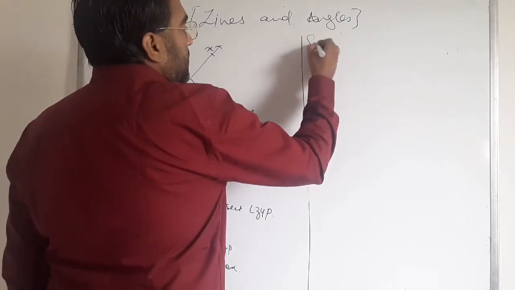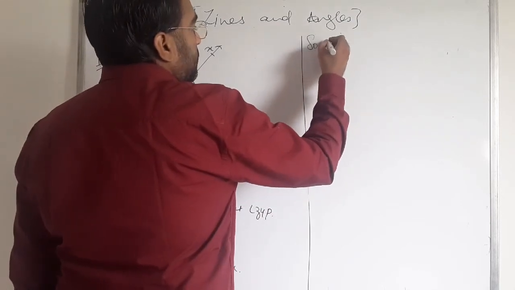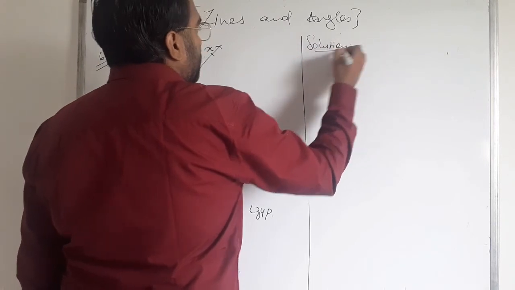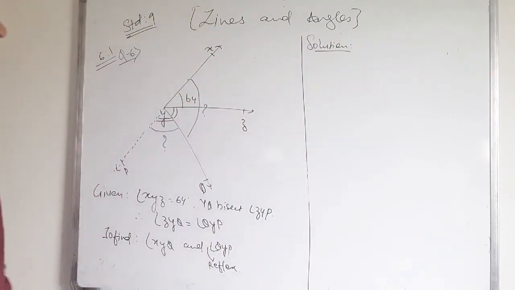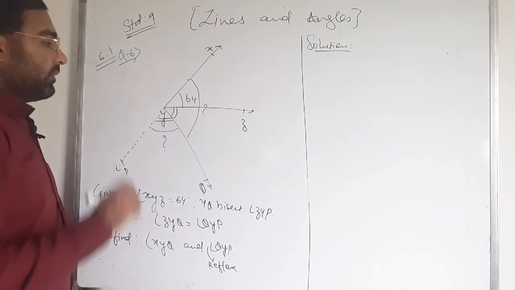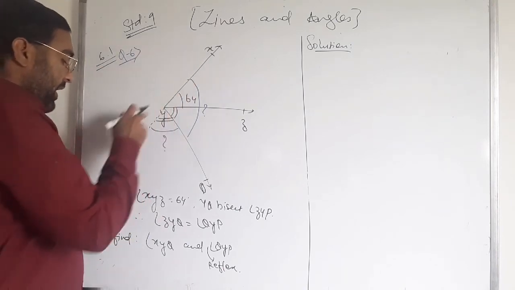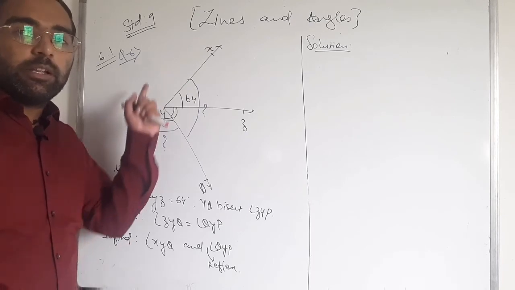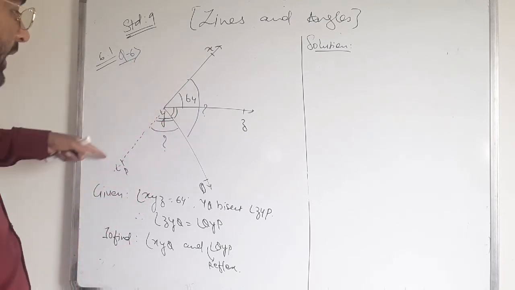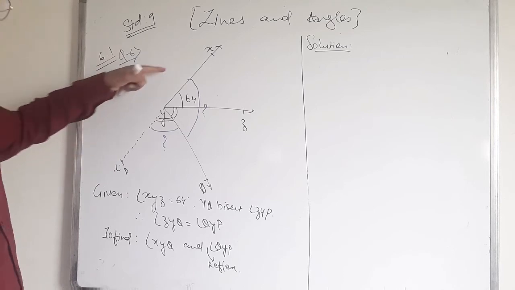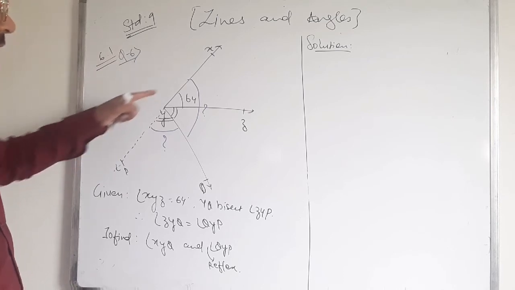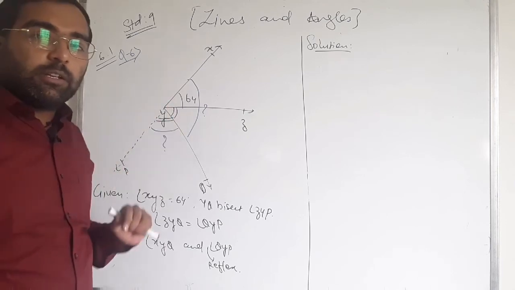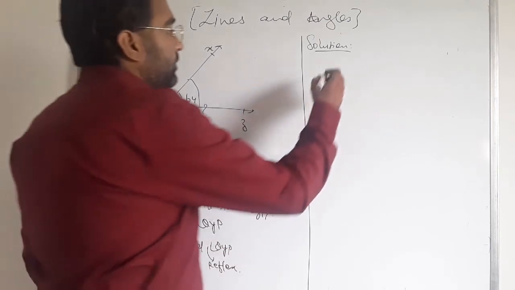So my solution. First of all, XYP makes 180 degrees. Clear? It makes a straight line. XYP makes a straight line, therefore the total of all three angles is equal to 180 degrees.